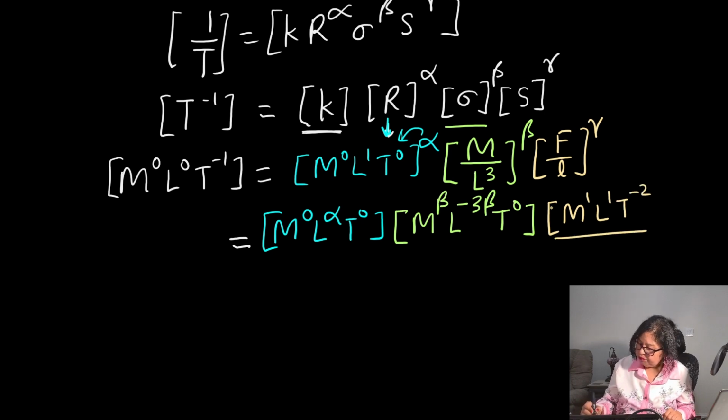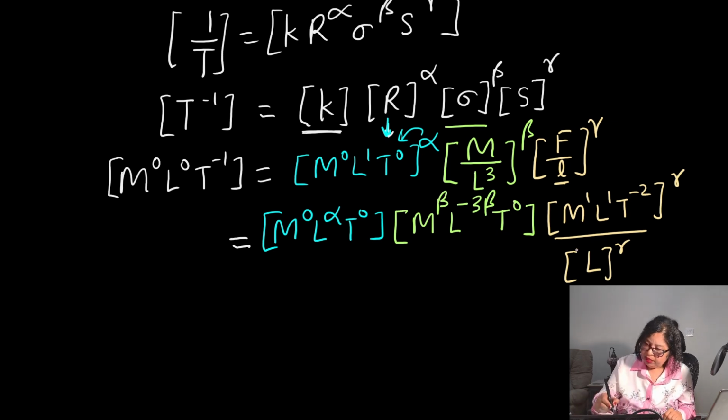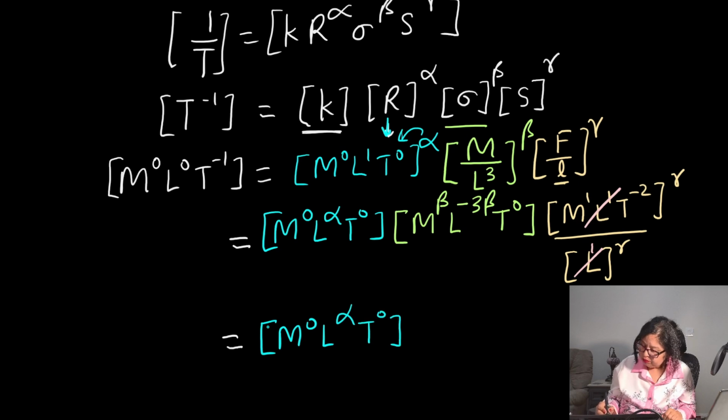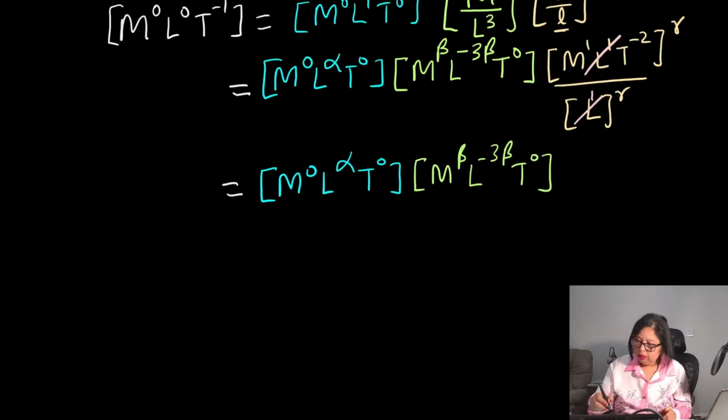And this will be divided by L from here. This is to the power gamma, and this is to the power gamma. So what this gives me is that this L, which is basically to the power 1, cancels out L at the top. What do I get? I get equals M0, L alpha, T0. And then I have M beta, L minus 3 beta, T0. And last I have M, bring its gamma inside, 1 times gamma is gamma.